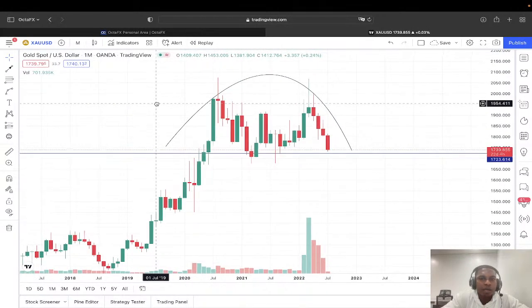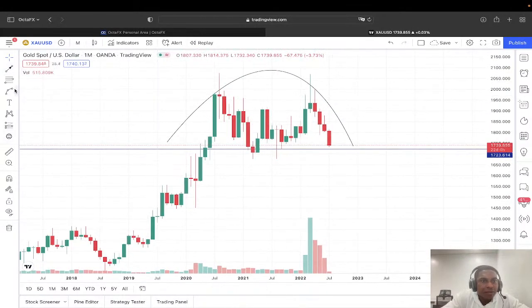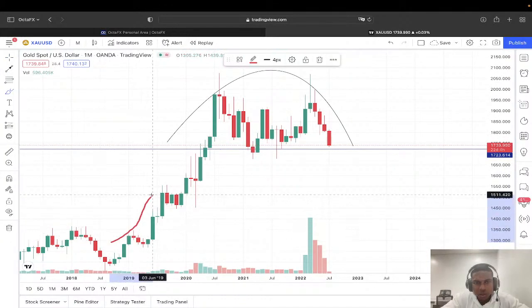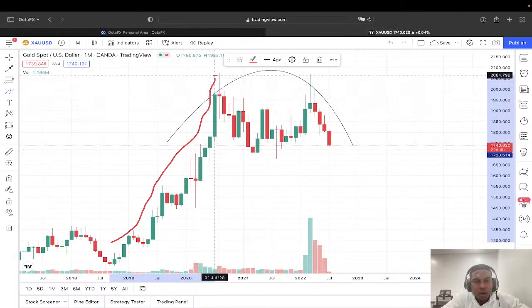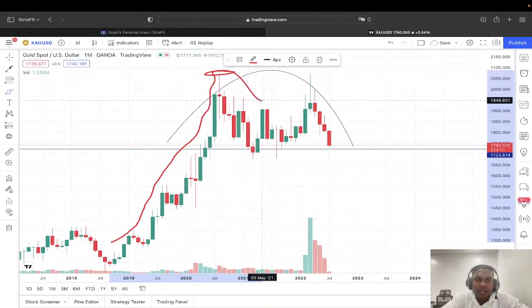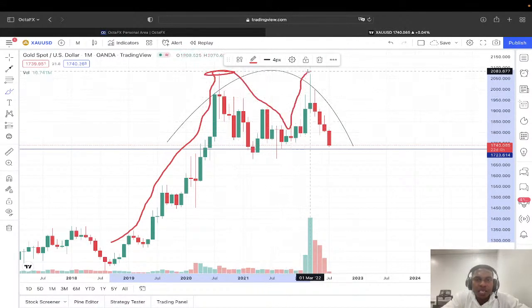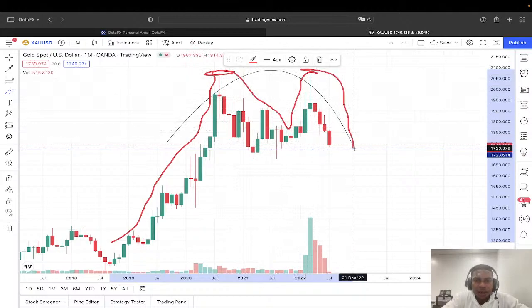So you see what price did. Price, having moved on a bullish steroid, went up, created an all-time high, came down, went up again, touched the all-time high, and it's coming down here.